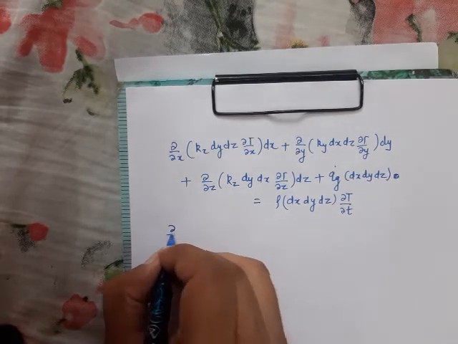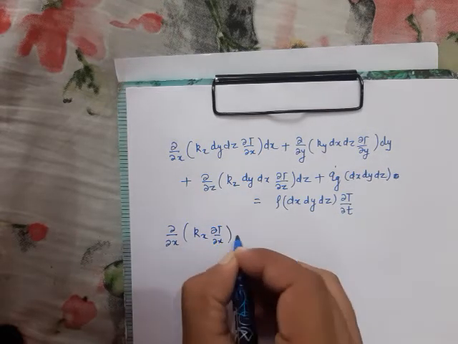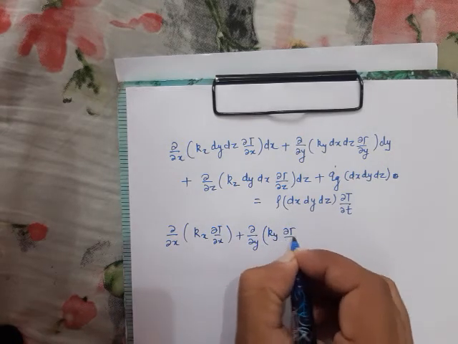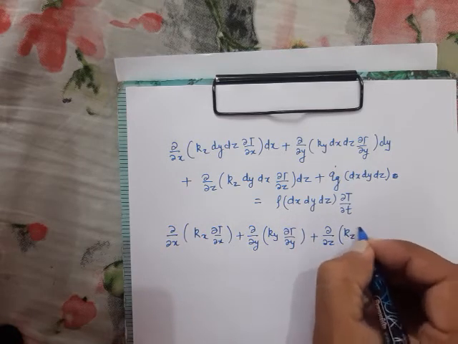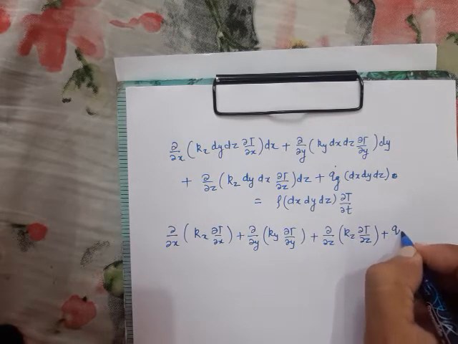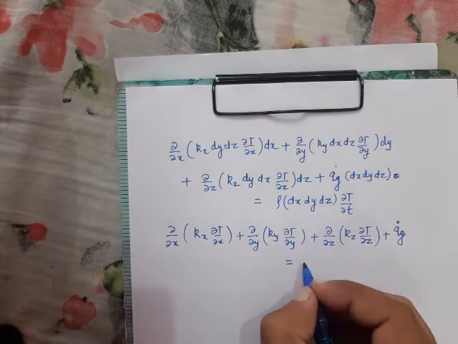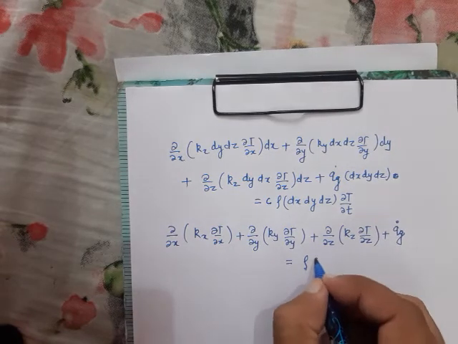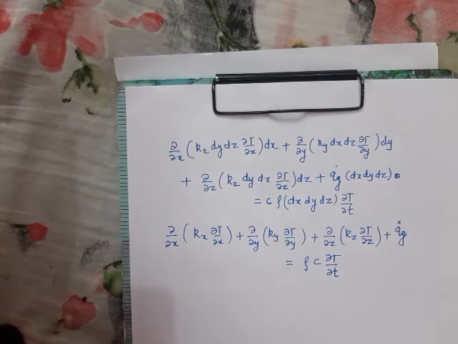So the remaining terms become del upon del x, kx, del t upon del x, plus del upon del y, ky, del t upon del y, plus del upon del z, kz, del t upon del z, plus q dot g is equal to rho, sorry, c was there, small c, rho c del t upon del t.